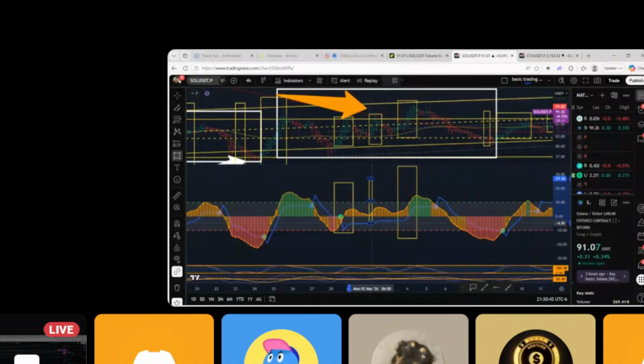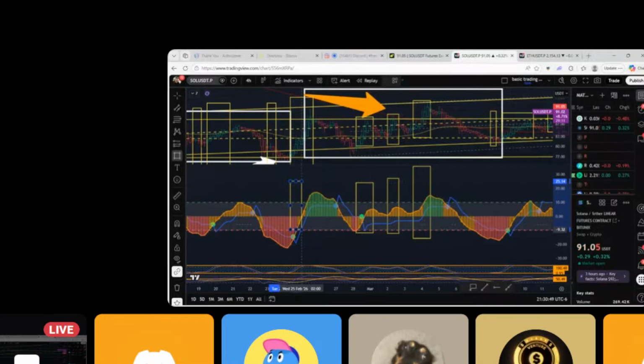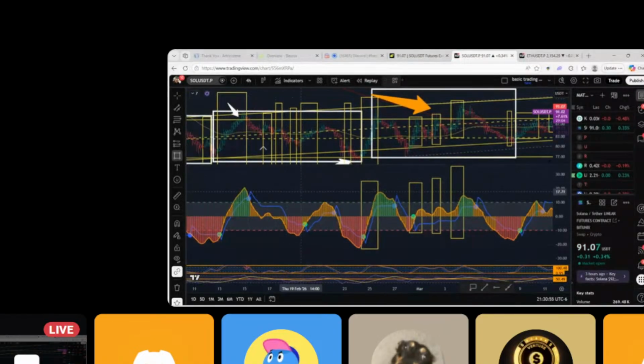Then what we're going to do is piece together what we call a strategy. Strategy number one would be defining a trade that we find worth taking.